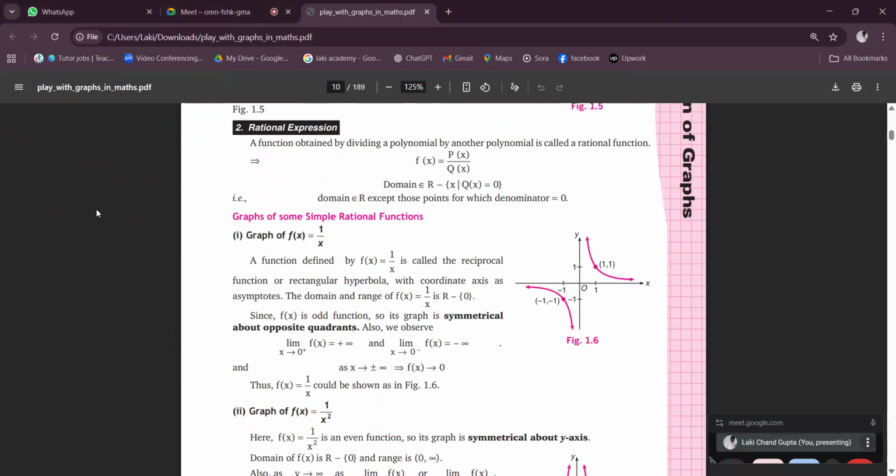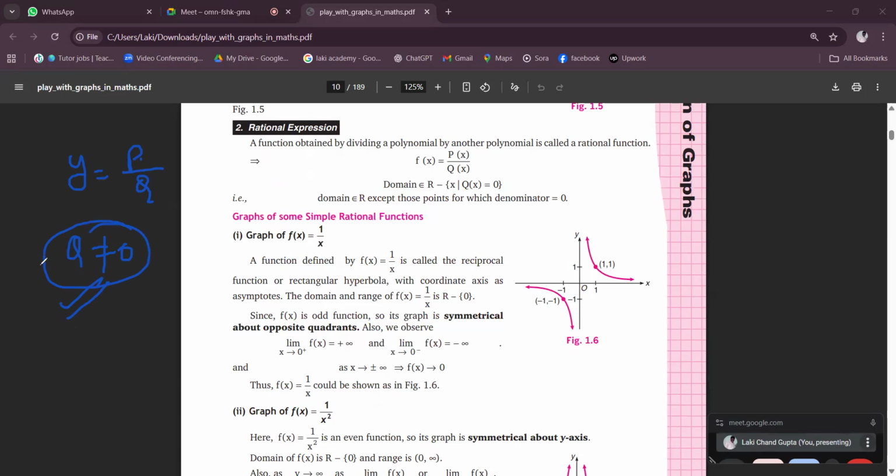Now see the rational number graph. You know what a rational number is? Any number in the form of p by q, where q cannot be 0, right? If q cannot be 0, then the graph will never pass through the origin. Very important, right?